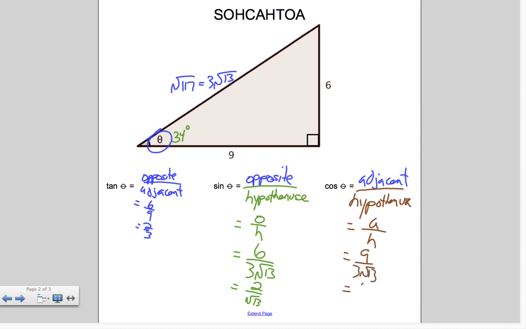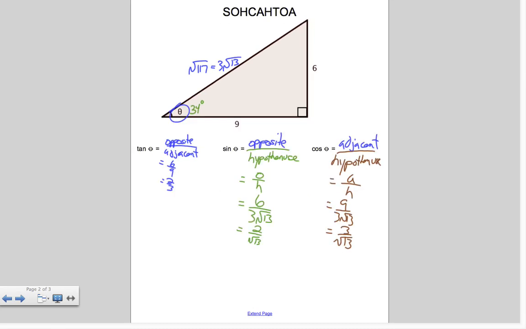So that's the same as 3 over root 13. And now you can do the same thing. Take 3 divided by square root of 13, take the inverse cos of it, and hopefully you should get 34. So basically 3 equations you gotta remember. And that's where SOHCAHTOA comes in.